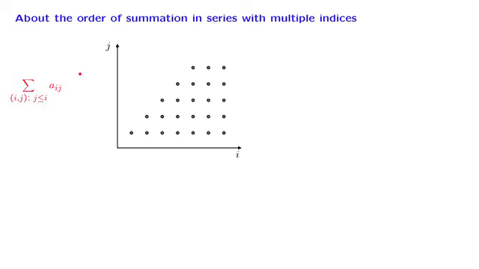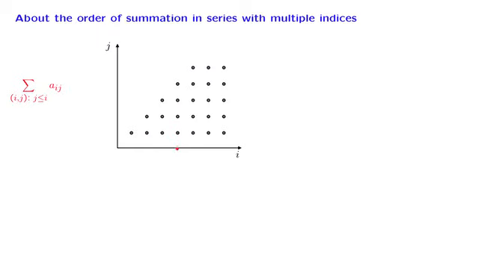Graphically, this means that we only want to consider the pairs shown in this picture. So these points here correspond to ij pairs for which i is equal to j. Terms on the right, or points to the right, correspond to ij pairs for which i is at least as large as j. We can carry out this summation in two ways.